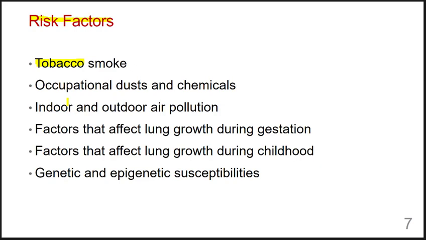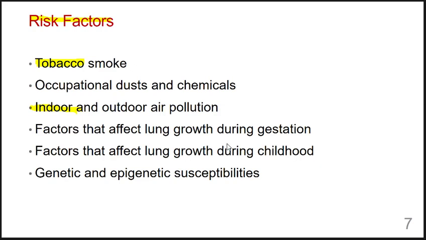Indoor pollution and outdoor pollution as well. When we talk about indoor pollution, a big consideration is poorly ventilated areas. So if you have somebody who does a lot of stove cooking and the ventilation is poor, over time this is damaging to the lungs.